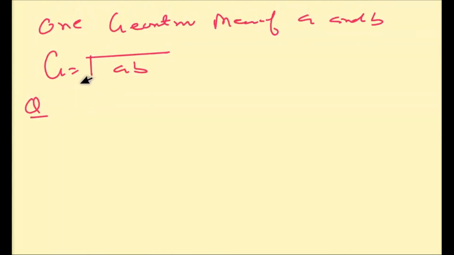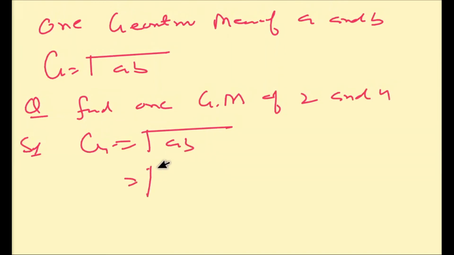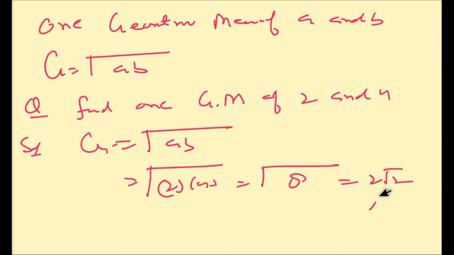Now the question is, find one geometric mean of 2 and 4. Answer: geometric mean equal to under root AB, that we can write 2 into 4 equal to 8 equal to 2 root 2. Answer.